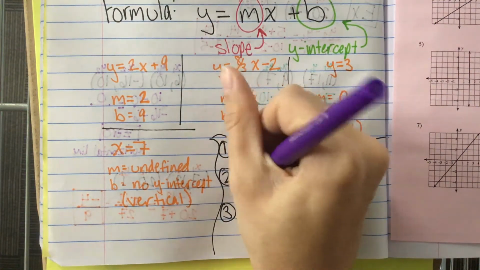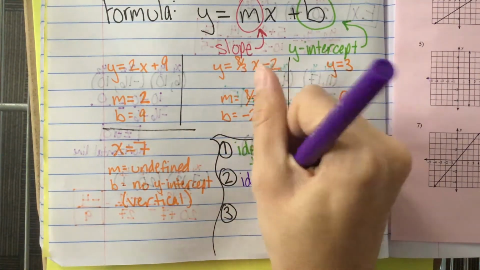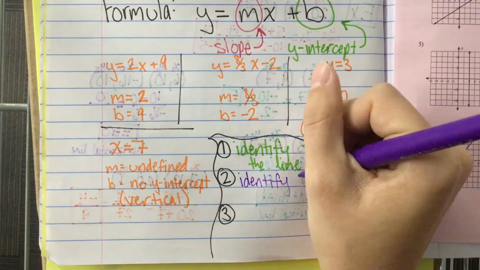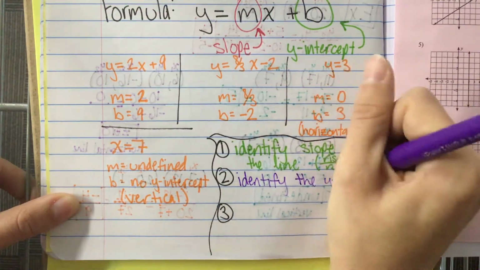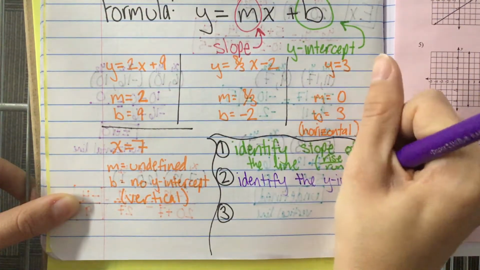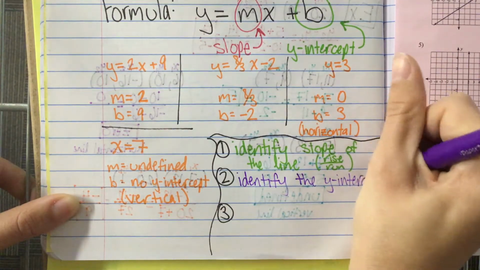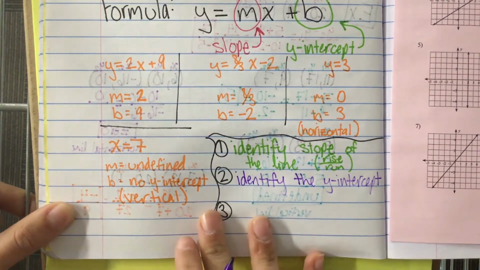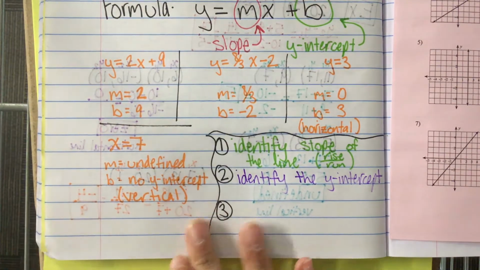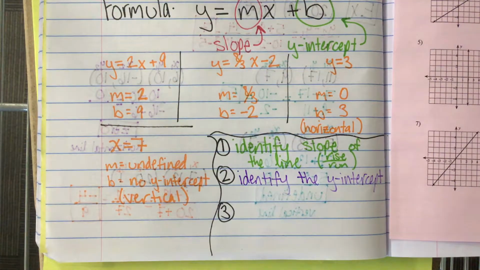Next step, we're going to identify the y-intercept. Identify the y-intercept, where the line crosses the y-axis.